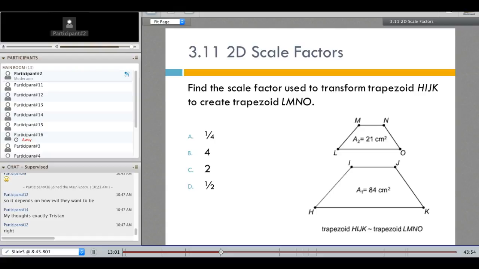Okay. All right. So here the question says, find the scale factor. What's the scale factor? Let's stop with that. What are they wanting you to find? What's represented, or what do we call scale factor?